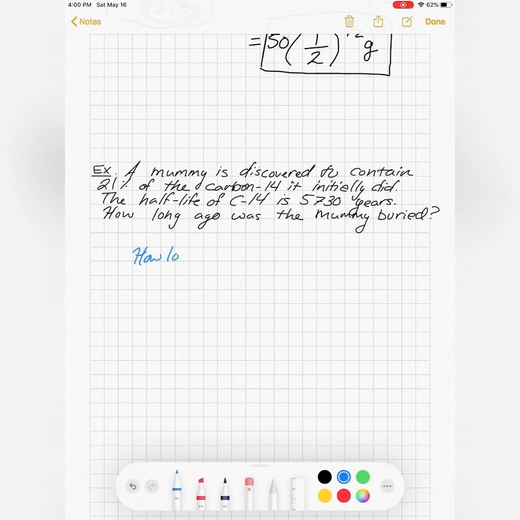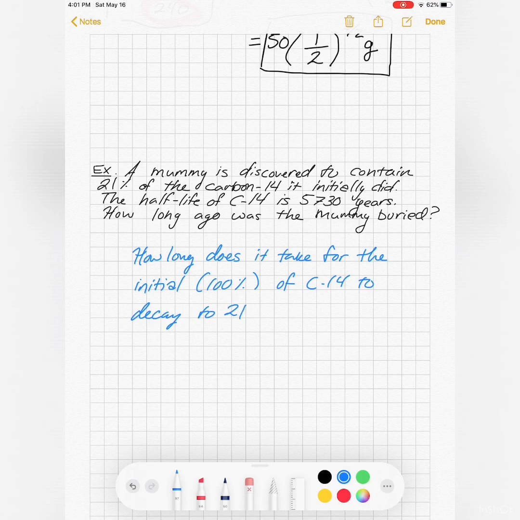It's really asking something like, how long does it take for the initial, so 100% of carbon-14 to decay to 21%? That's really the question here.